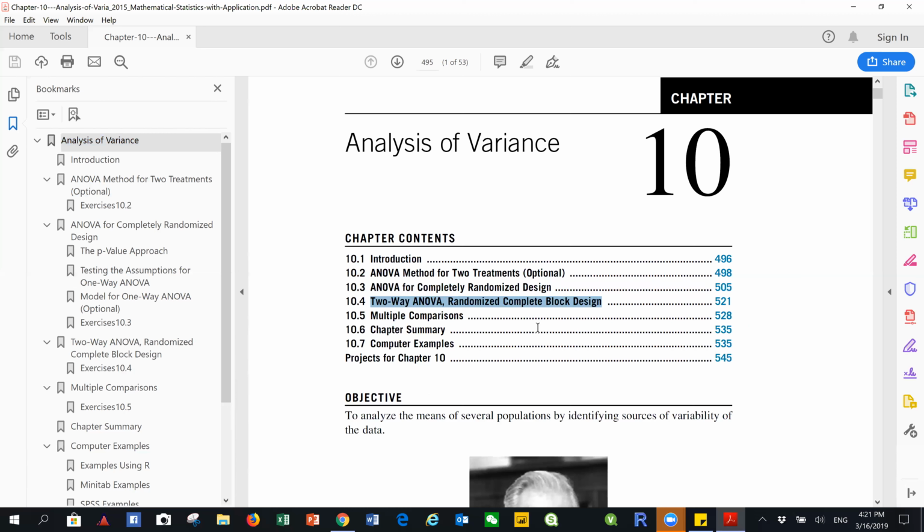Each factor will have different levels. The combination of the different levels from the two variables becomes the treatments. If in one way you have 3 levels and the other way you have 2 levels, then you have 2 by 3, which is 6 treatments. The combination of the 2 ways is 6.